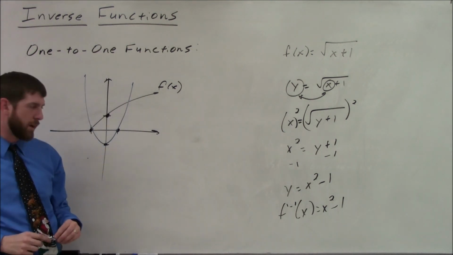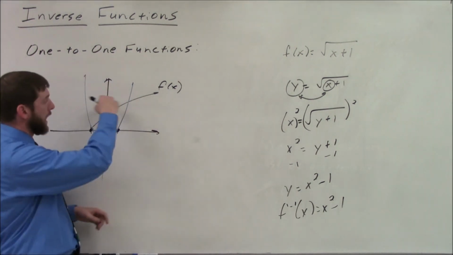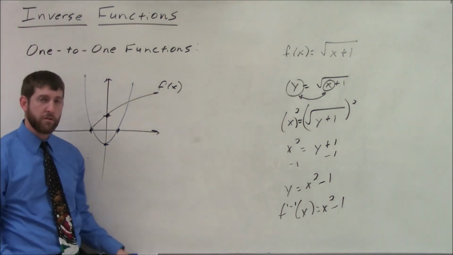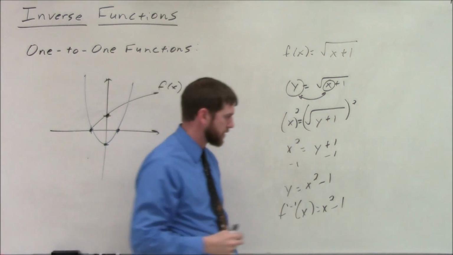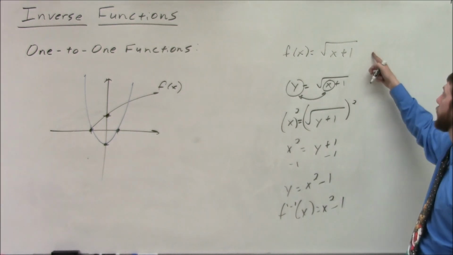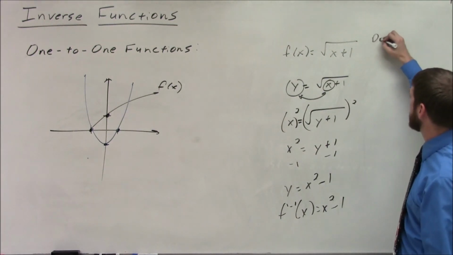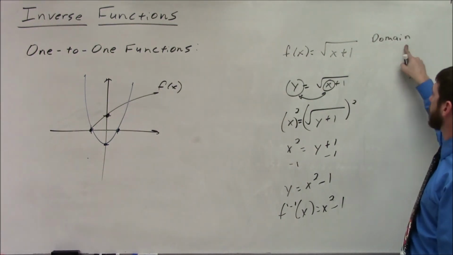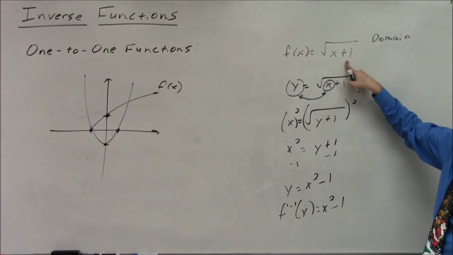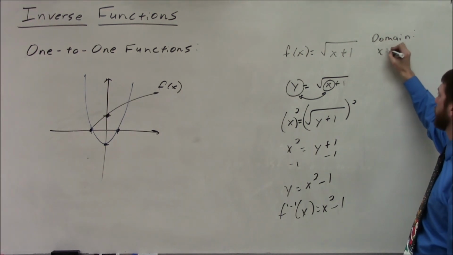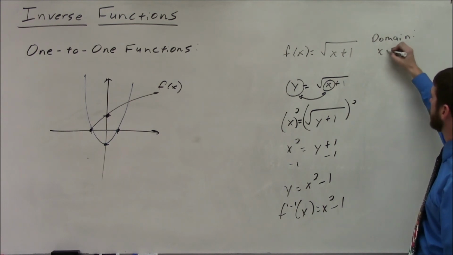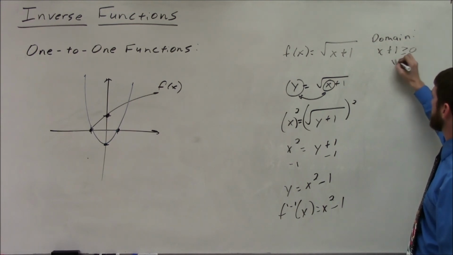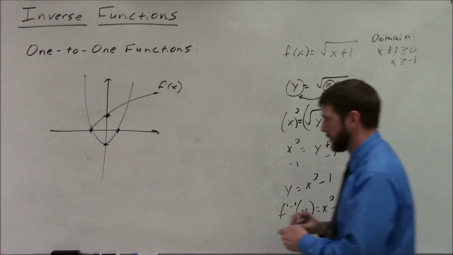Let's go where domain and range come in. f of x was a one-to-one function. The inverse of f of x has to be a function. Let's write out what the domain of this function is. Domain of this function is where the radicand is greater than or equal to 0, so x plus 1 is greater than or equal to 0, so x is greater than or equal to -1.